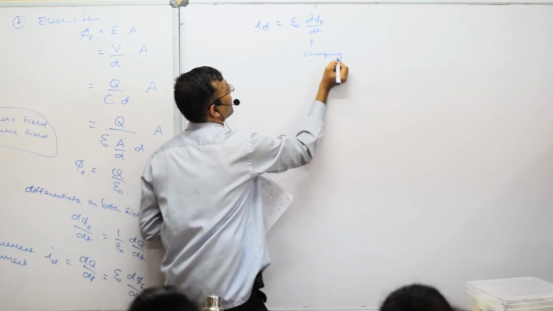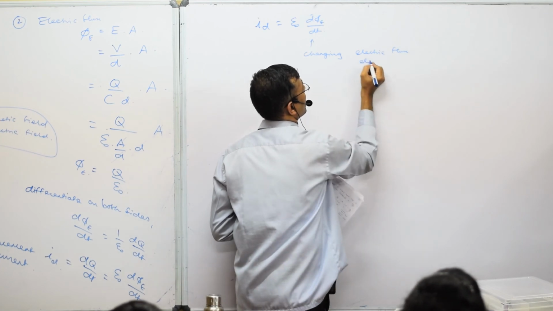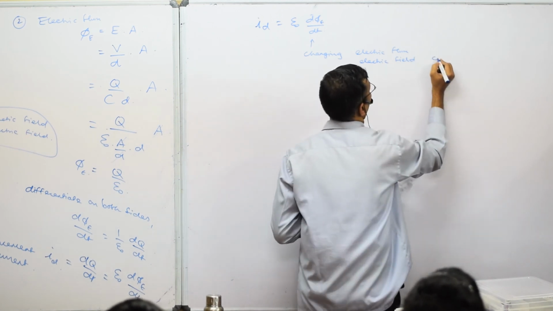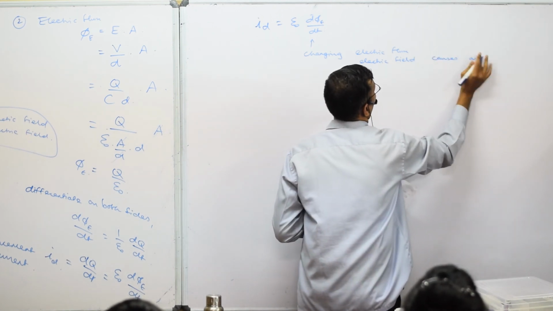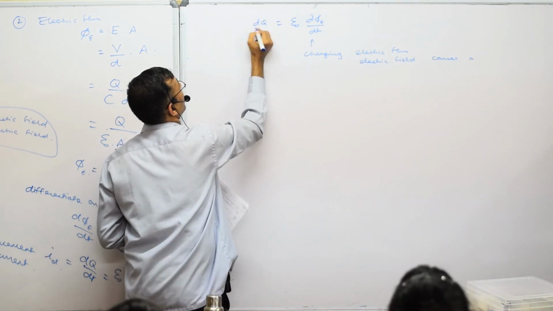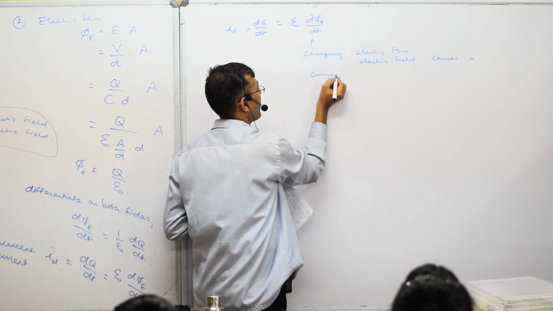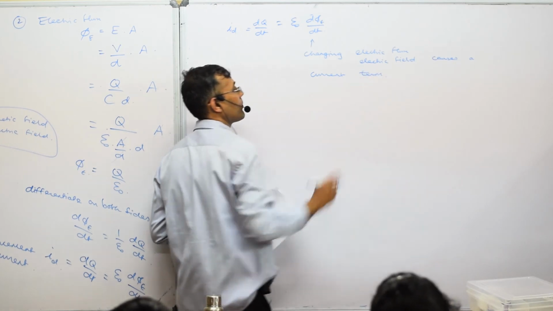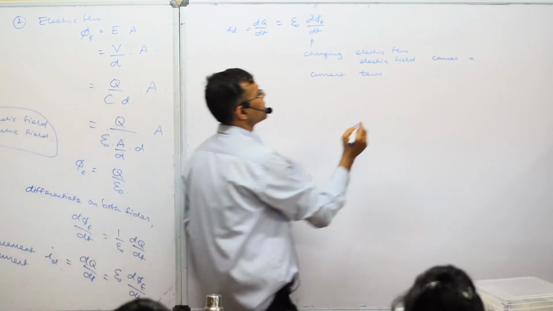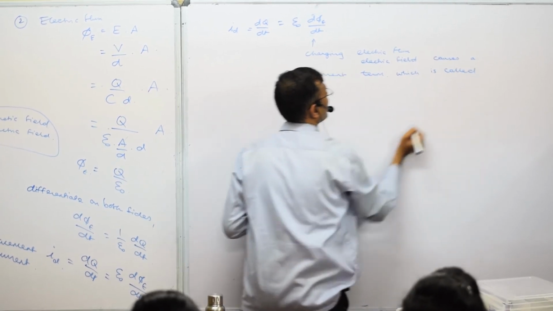Changing electric flux, or I can say electric field, causes a current term. So the changing electric field causes a current term, which is called displacement current.